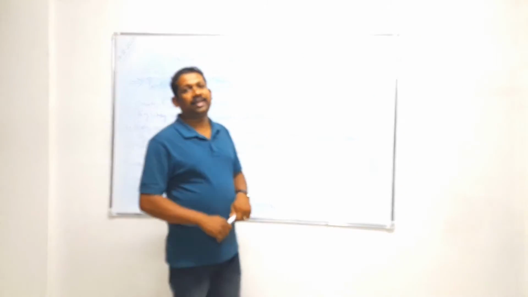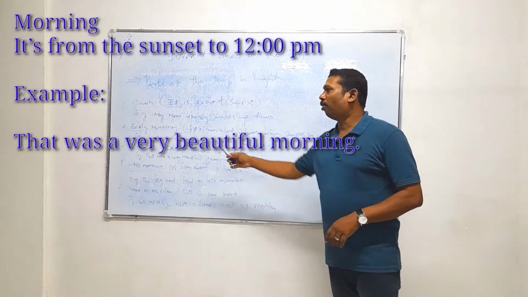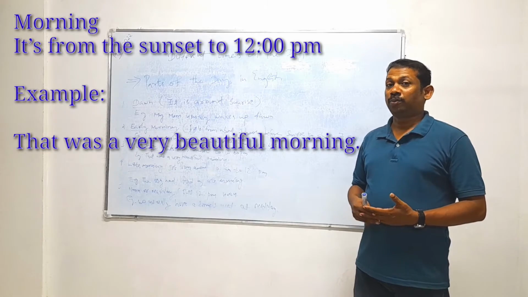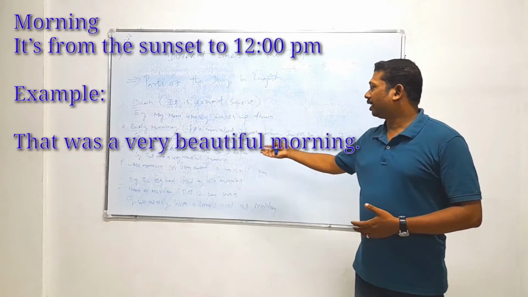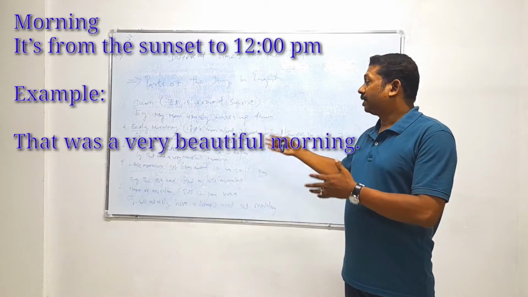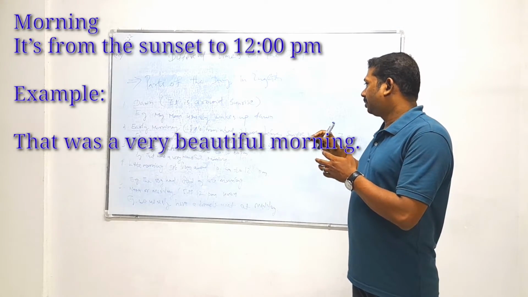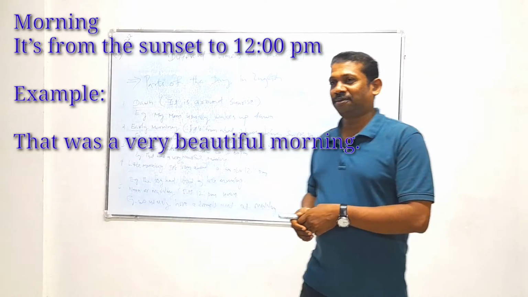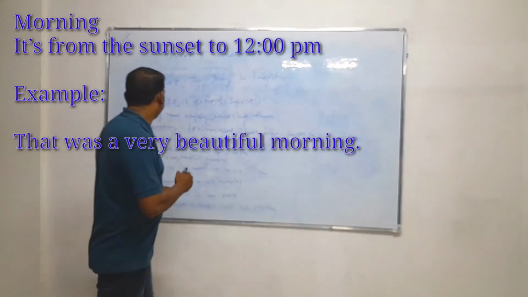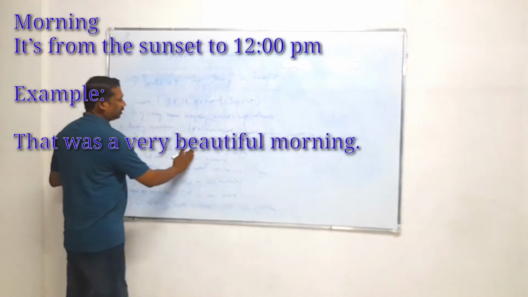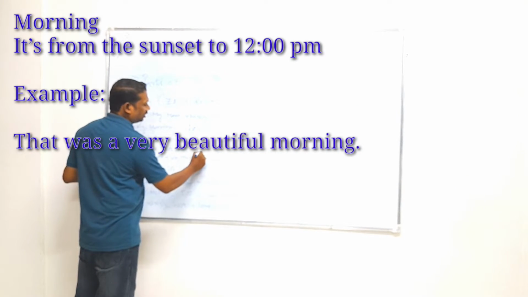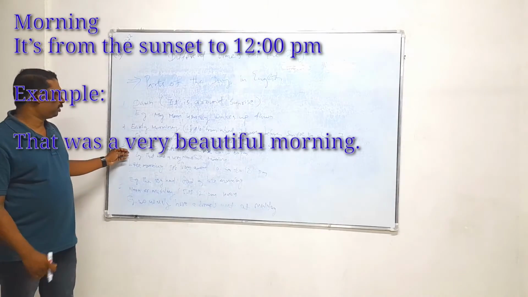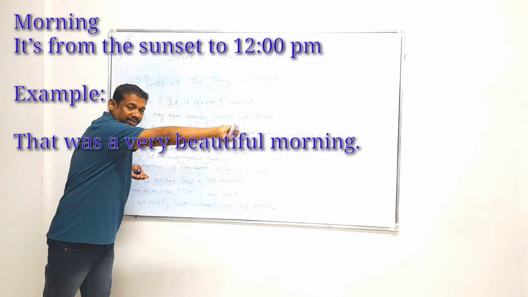Okay. Now let's see what is morning. We all say good morning every day. What do you mean when you say morning? In general, it is from sunrise to 12 p.m. That's the time extension.